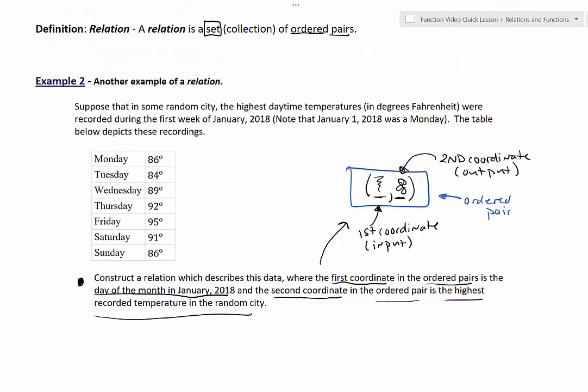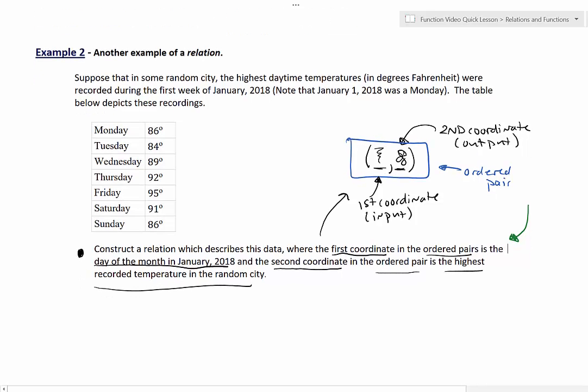So what we want to do, going back down here, is make a relation that describes this set of data. First coordinate, day of the month, January 2018. Second coordinate is the highest recorded temperature on that day in this random place.